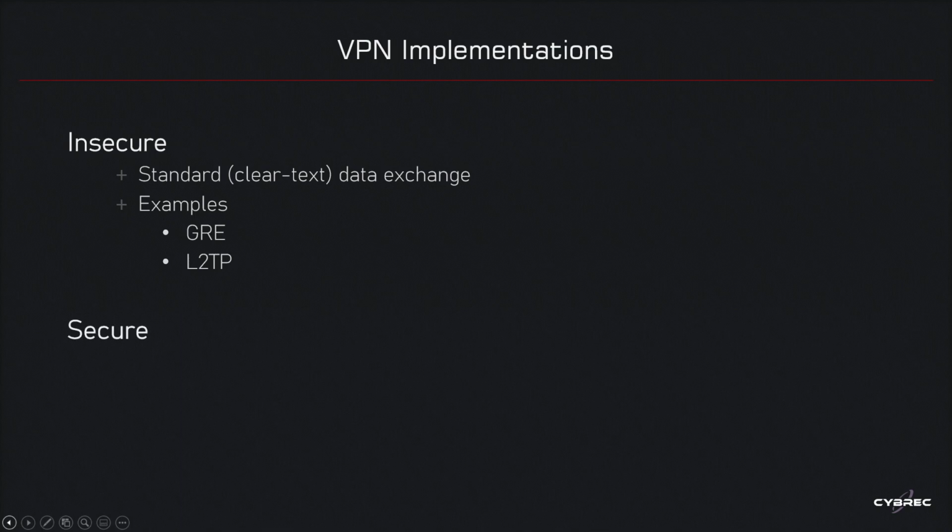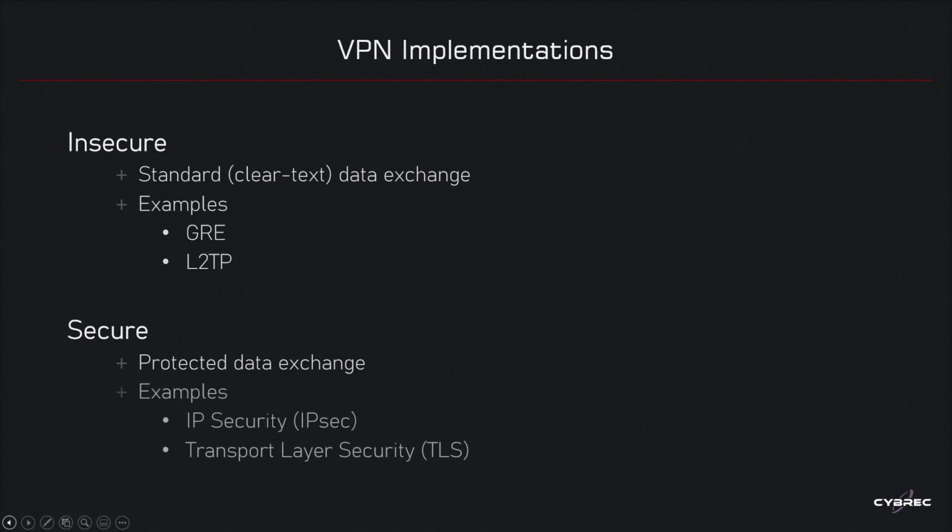And as opposed to secure implementations, where the data exchanged is going to be protected, the two most common industry standards we will see are IP security, or IPsec, and transport layer security, which I just mentioned when showing you remote access. TLS was previously known as secure socket layer, SSL.